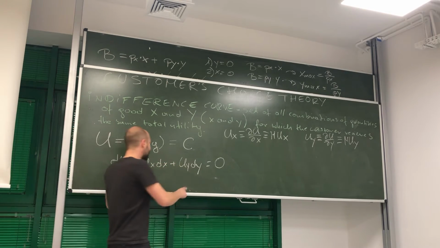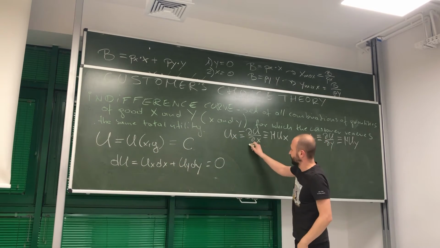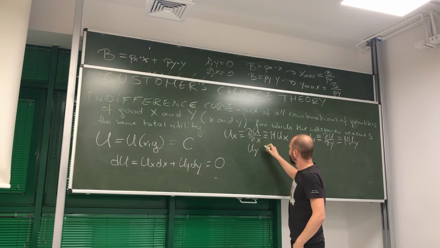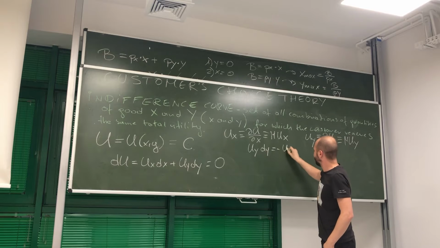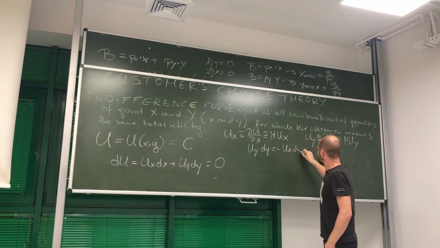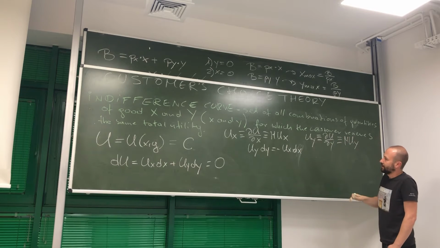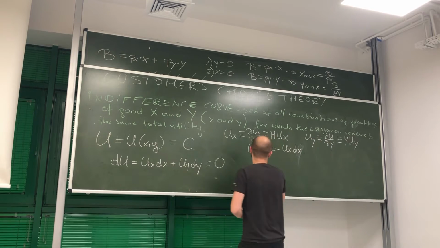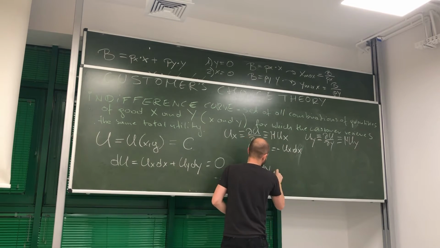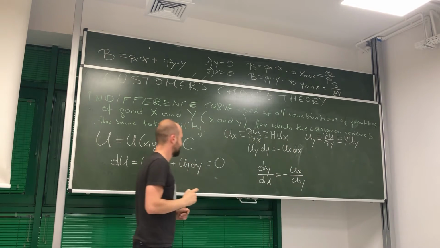Why? Because look, I can, for example, just take this and put it on the other hand side of this equation. I get Uy dy equals negative Ux dx, right? And now if I divide both sides by dx and Uy, I'm getting dy/dx equal to negative Ux over Uy.